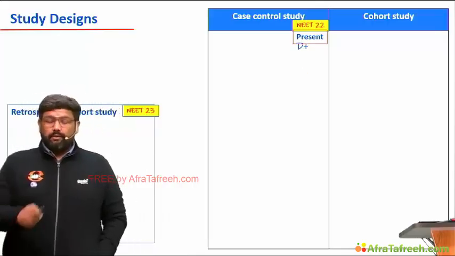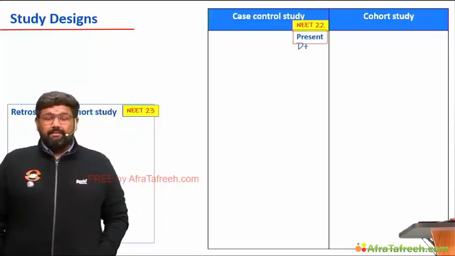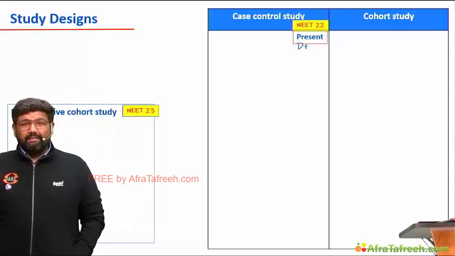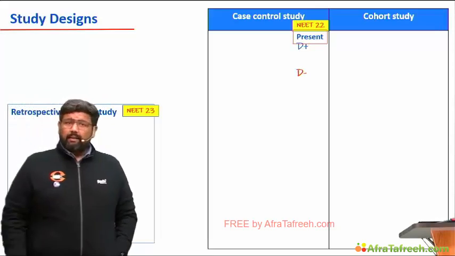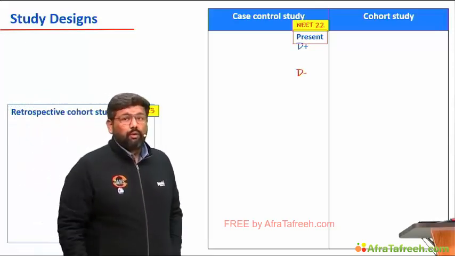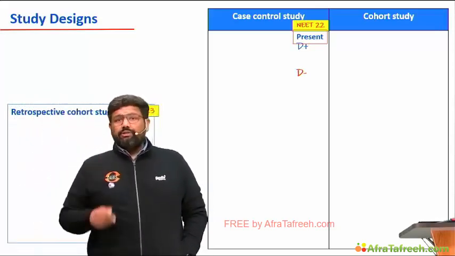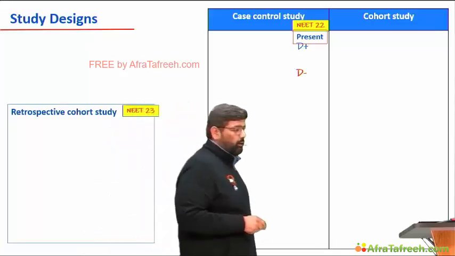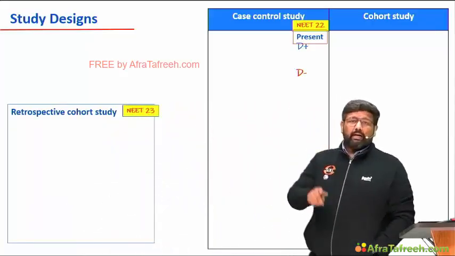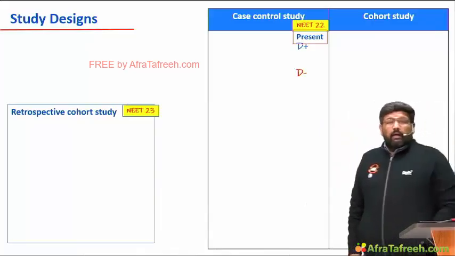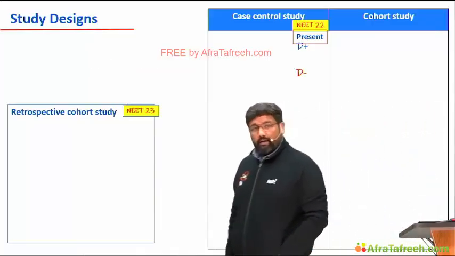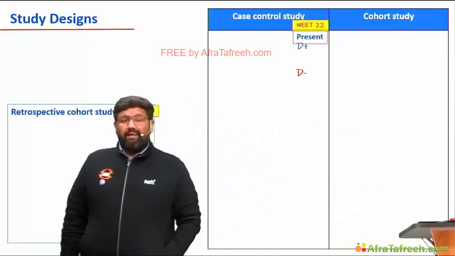We included a group of lung cancer patients. D+ is lung cancer patient. Disease is there. Then we included some controls. So case control study. One question came in NEET PG 2022. If you have a red pen, just write it there. NEET 2022. Now, so we have one group of lung cancer patients.